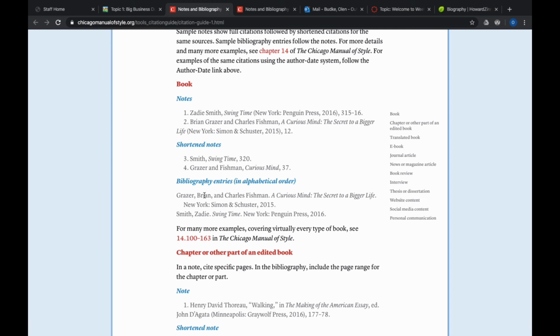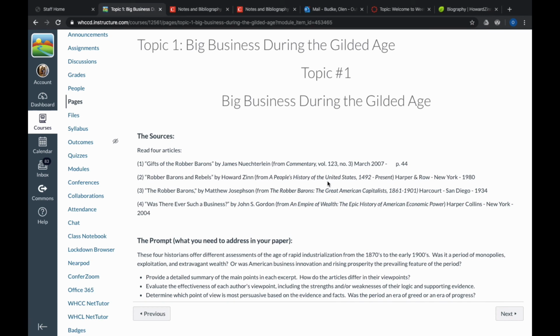So you're just plugging in the information that you have here into the proper place in the proper format using that guide. Okay, so that's the second part of step 1, the bibliography. You need to do a bibliography entry for each of the sources I've given you in your topic.